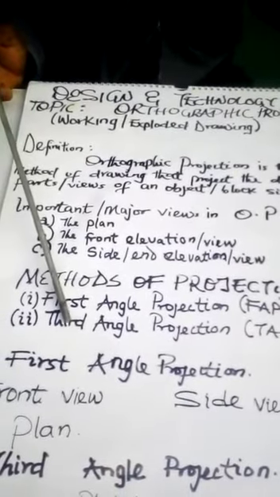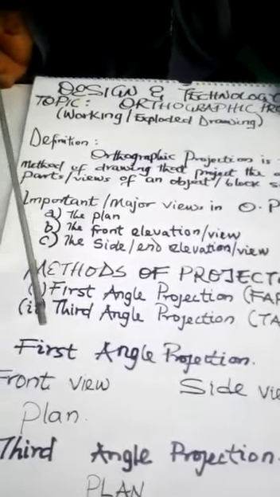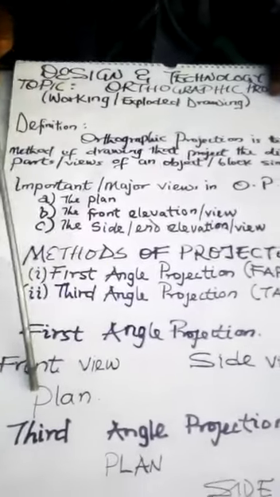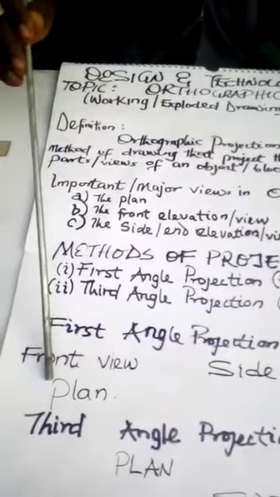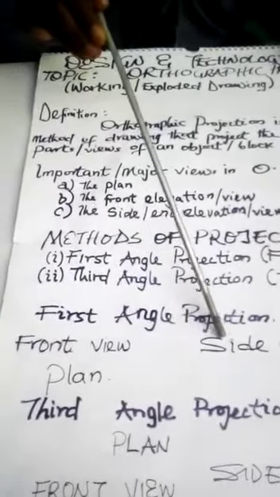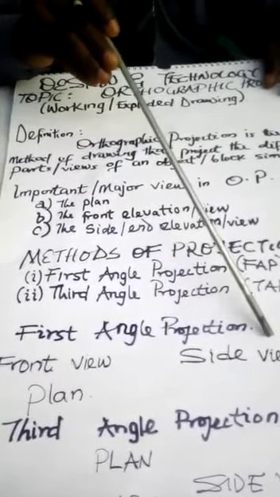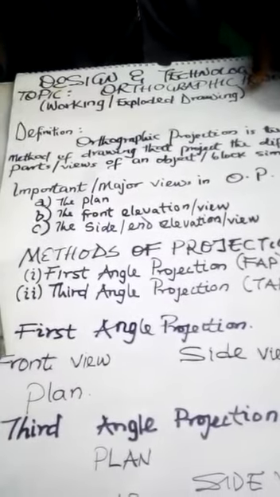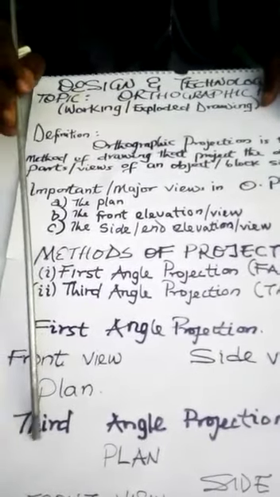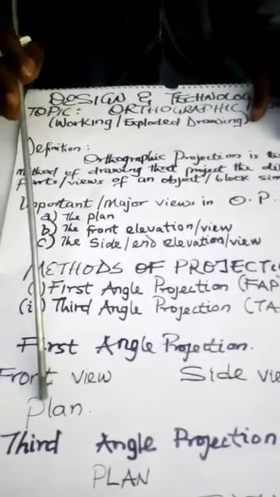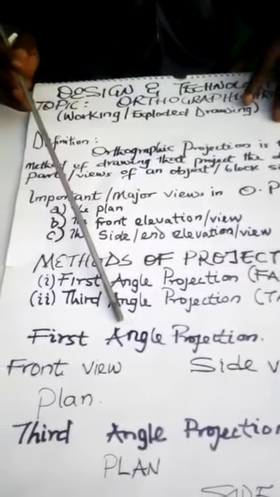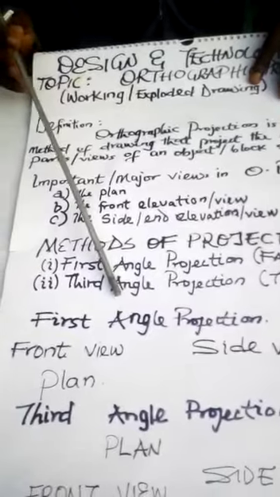In the first angle projection, we have the front elevation, and the plan is directly drawn under the front elevation, while the side view is directly in front of the front elevation. After drawing your front elevation, you project it down to get your plan, and you project your plan and your front elevation to get your side elevation or end elevation.